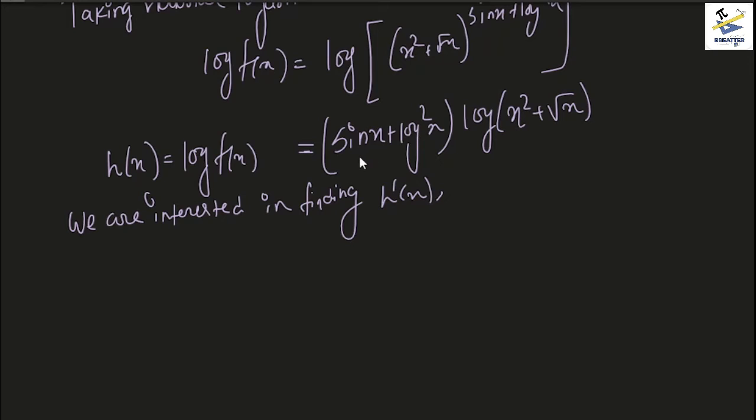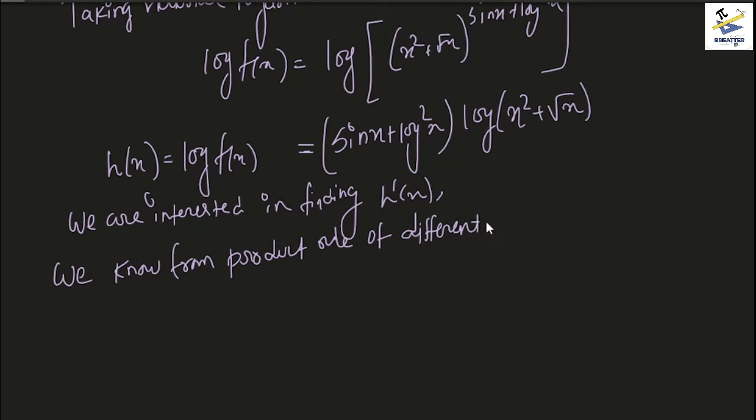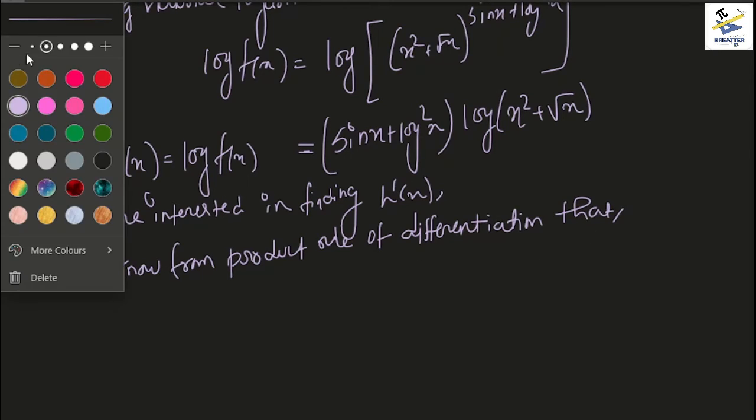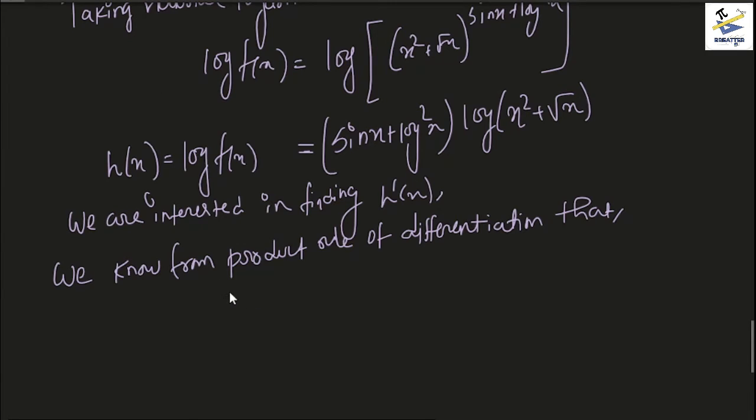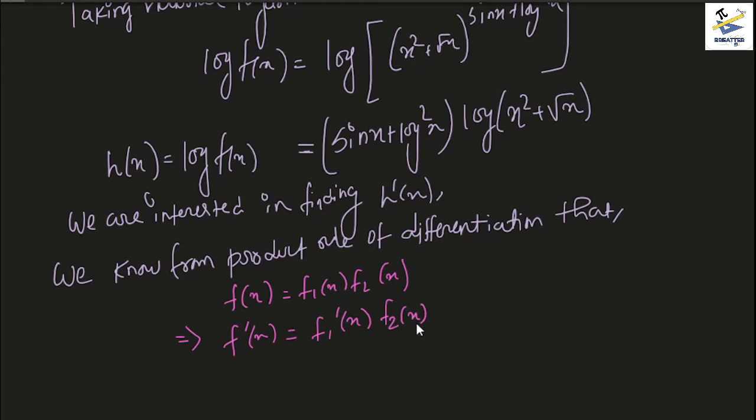So this is the function obviously, and it's a product of two functions, and we know from the product rule of differentiation that the product rule says that if f(x) is equal to f1(x) into f2(x), then f prime of x would be equal to f1 prime x f2(x) plus f1(x) into f2 prime x.